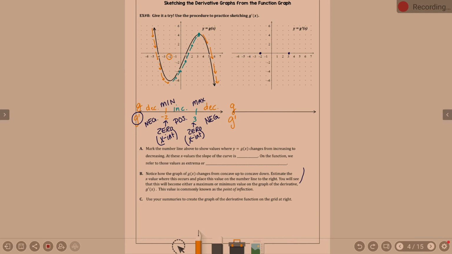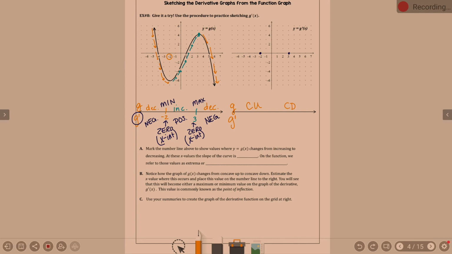So if it's bold up, this section is concave up. Does that make sense? Okay, so my graph at first is concave up. And then what happens? At some point, my graph changes, and it's bold down, and it's concave down.